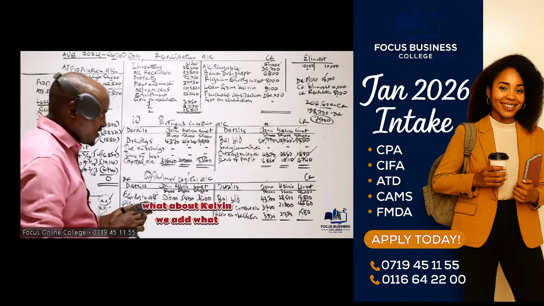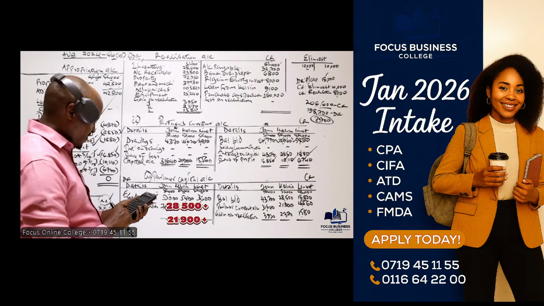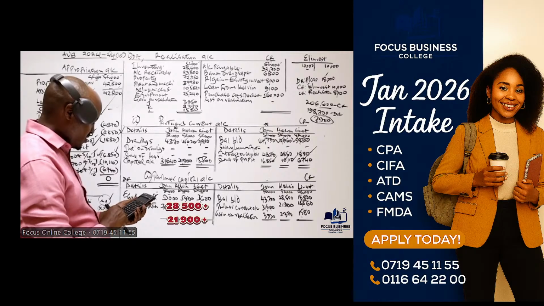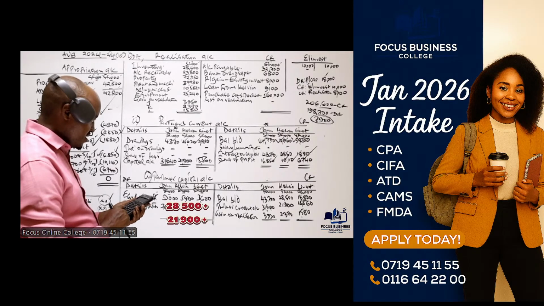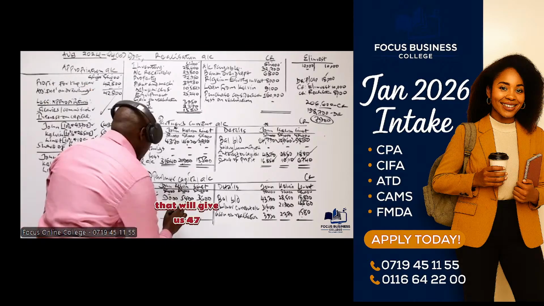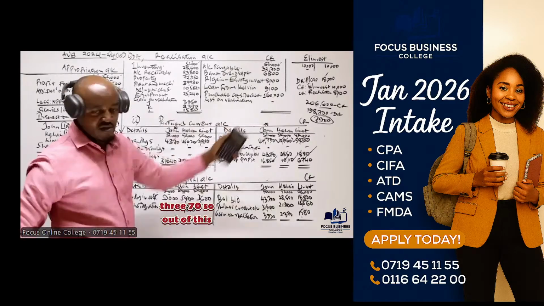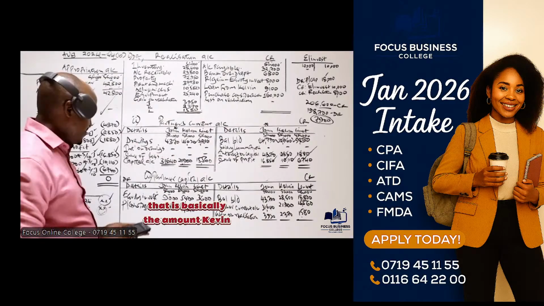What about Kelvin? We add what we have on the credit, 28,500 plus 21,900 plus 23,70 minus what we have here, 54. That will give us 47,370. So out of this 150, that is the amount Kelvin will get.